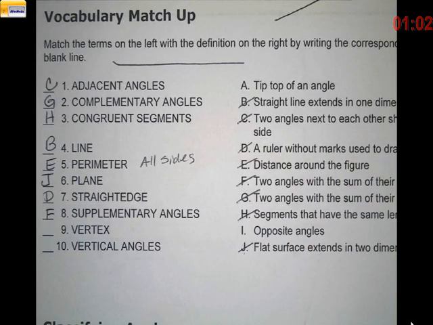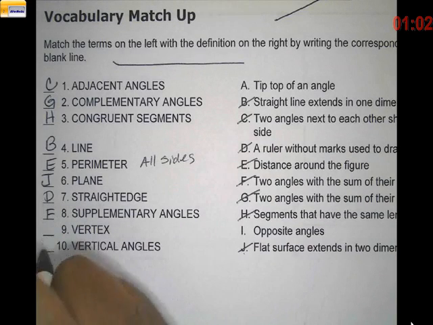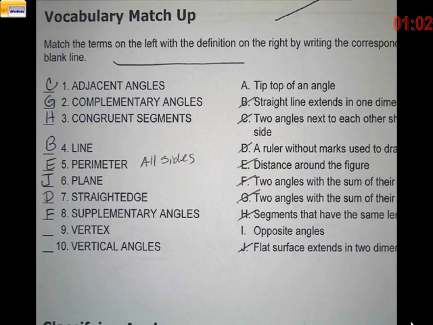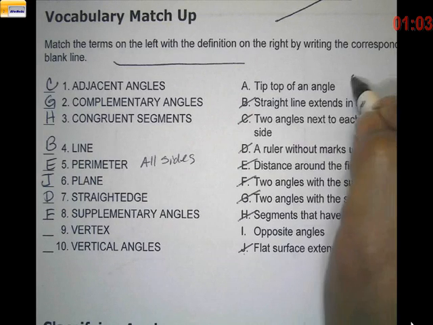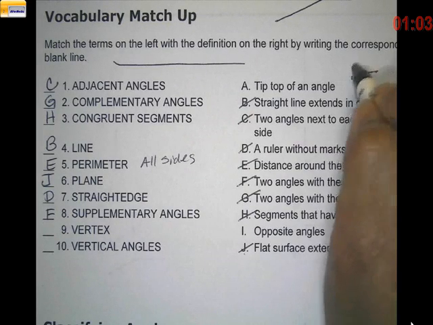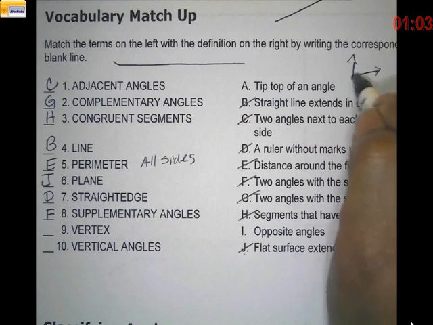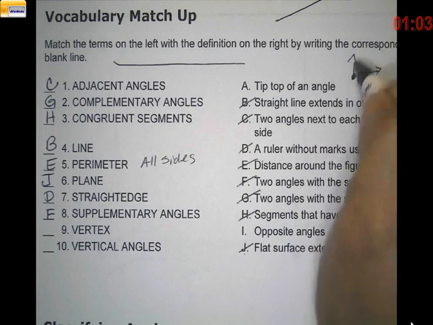Number 9. The tip top of an angle. Didn't I just tell you the vertex is where the two rays meet and you have the angle? Come on, you guys. This is your vertex. Here's the angle.